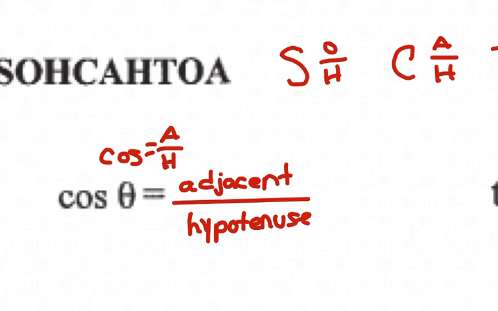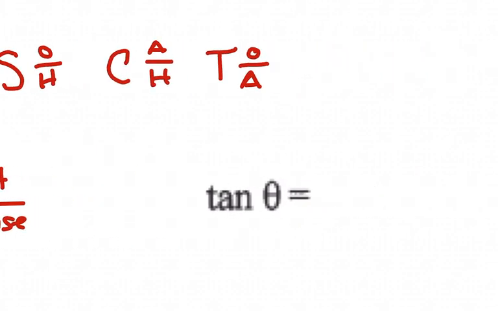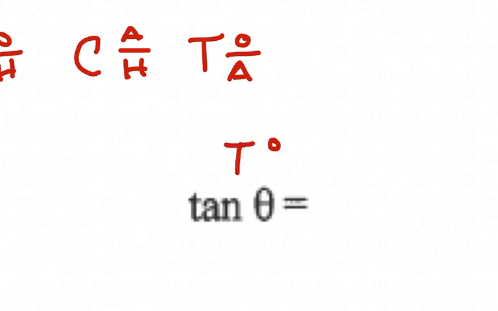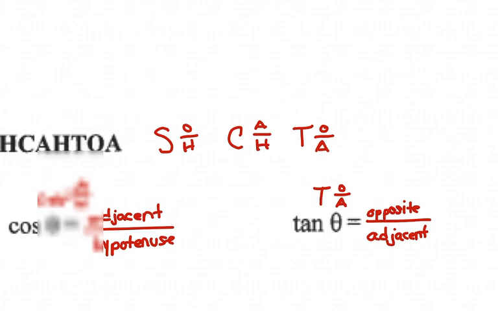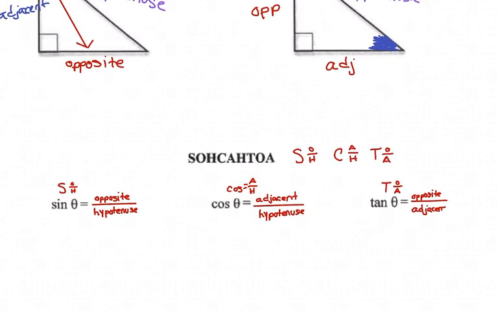So sine is opposite over hypotenuse, cosine is adjacent over hypotenuse. So if I look at this tan part, which is short for tangent, I see my TOA. So TOA stands for opposite over adjacent. So these three ratios, and you remember a fraction is just a ratio, these three ratios you must know. So sine, opposite over hypotenuse, cosine, adjacent over hypotenuse, and then tangent, opposite over adjacent.